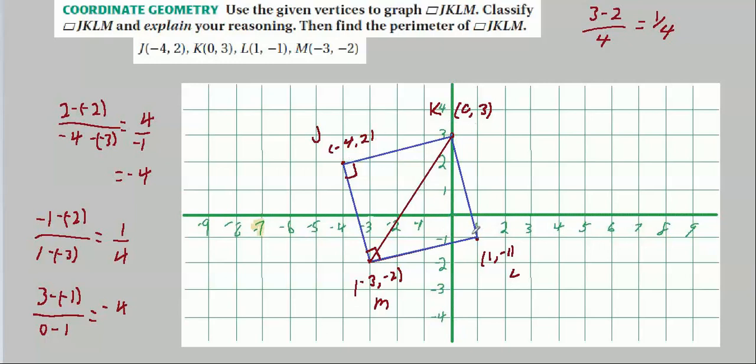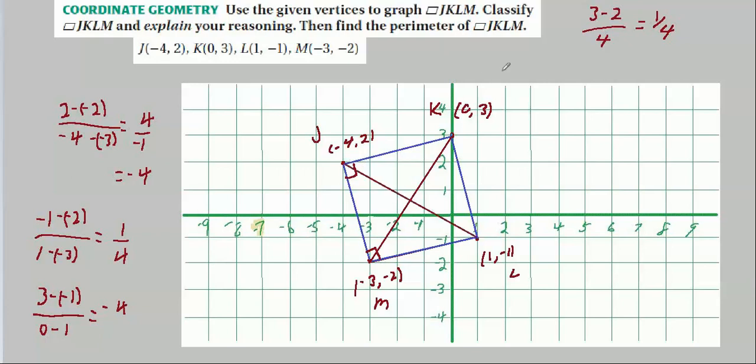Remember, for a rhombus, and a square is a rhombus, the diagonals are going to be perpendicular to each other. Whereas for a rectangle, no, they won't be perpendicular. And right now, since we have 90-degree angles, we know we have a square or a rectangle. All we have to do is figure out which one.